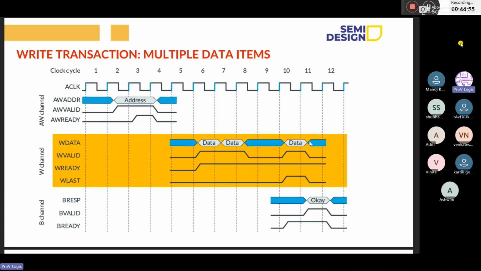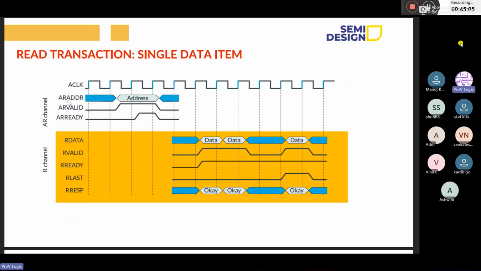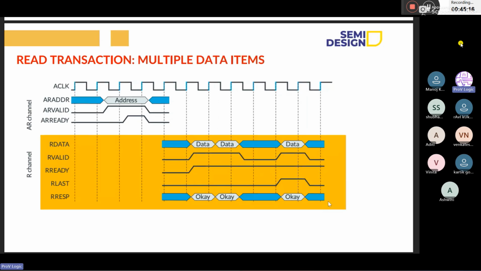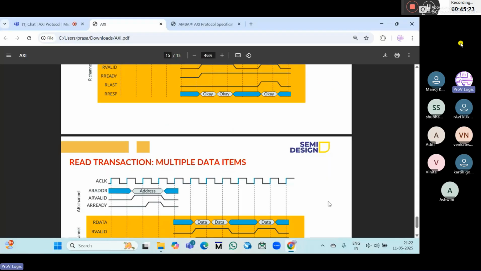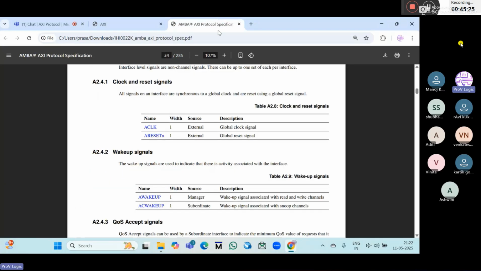For the last transfer, W last indicates it. The response is the same. Similarly, for the read transaction we have read address, read valid and read ready, and the same multiple transfers: read data, valid, ready, last, and response. So this is how the waveforms work in the AXI protocol.